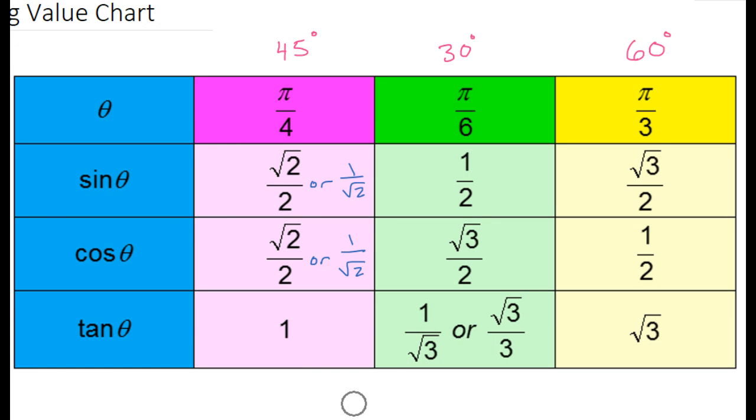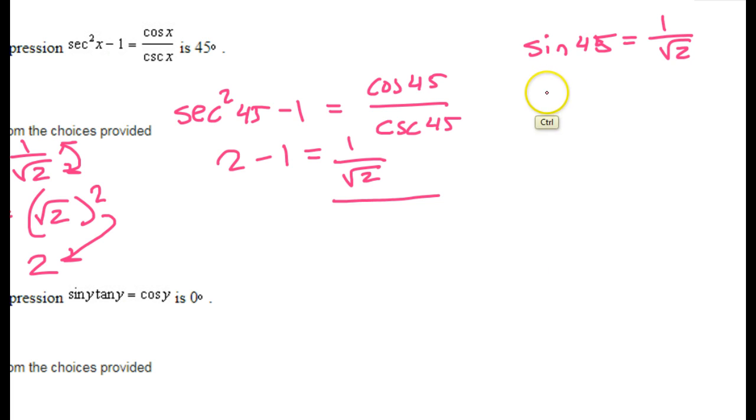Sine of 45 is 1 over radical 2. That means the cosecant of 45 is radical 2, because it's the reciprocal of sine. So we have the cosine of 45, which is 1 over radical 2, divided by the cosecant of 45, which is radical 2.